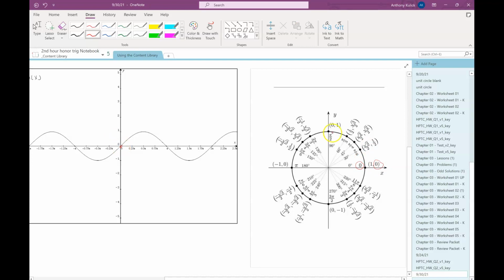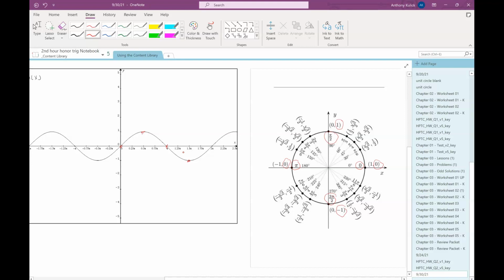If I take pi over 2 radians, that's my x-coordinate, and the sine output at that is 1. So I have the point (pi over 2, 1). If I take pi, the output is 0, so there's (pi, 0). If I take 3 pi over 2, the sine output there is -1.